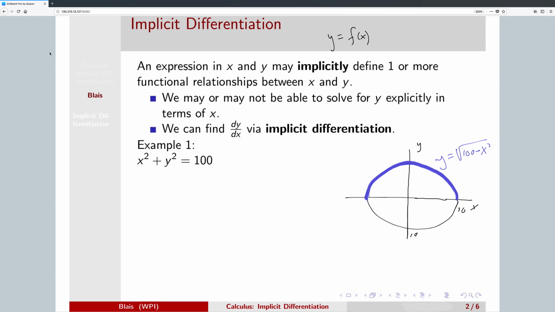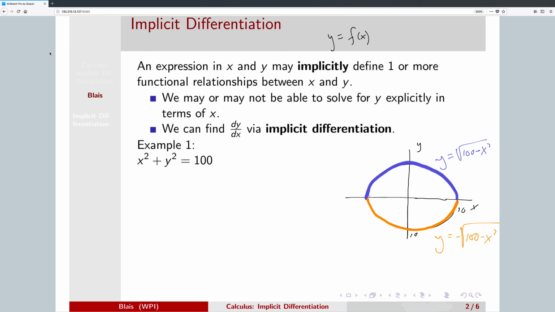If we were to then look at the bottom part of the graph, then this would be the function y equals negative root 100 minus x squared. So what we see here is that this expression implicitly defines two functions, where we can get y as a function of x.